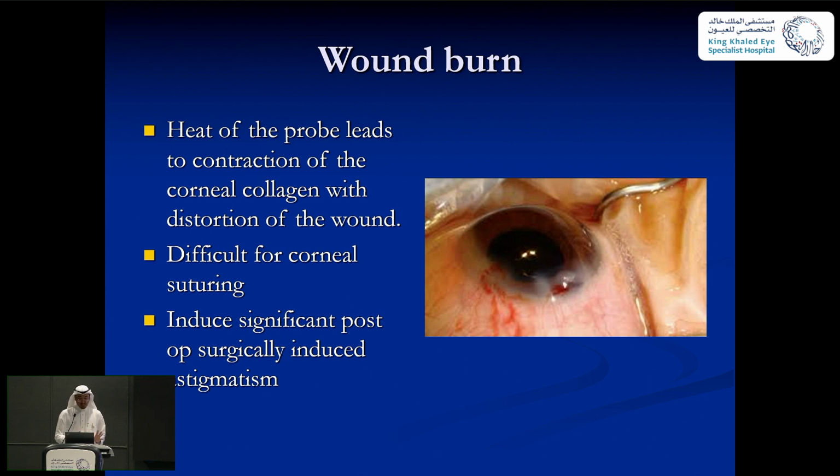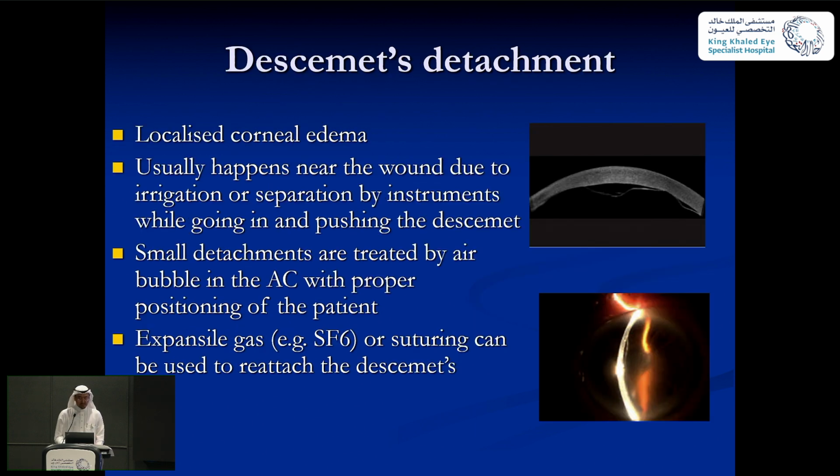Otherwise it will be difficult for corneal suturing, and you will notice that even a small wound can need up to 4 or 5 sutures just to keep the wound integrity intact. And with that suturing, we can have a lot of surgically induced astigmatism.